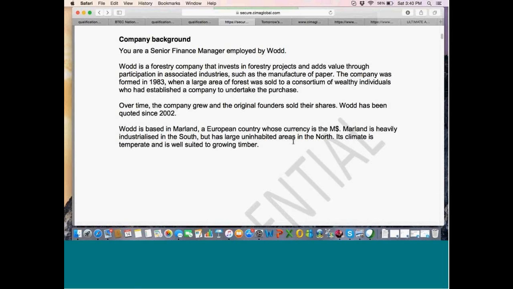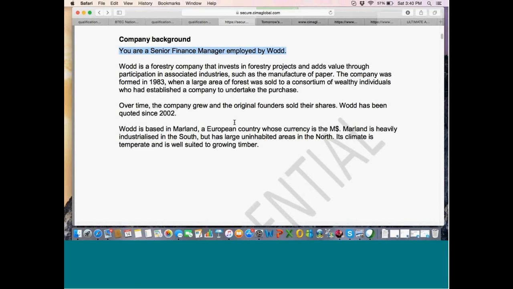Okay. Now, what I missed here is this part, the first one. The first line, where it says you are a senior finance manager employed by Wood. So you're a very senior finance manager, and you need to assume the role of that senior finance manager and report to the board.